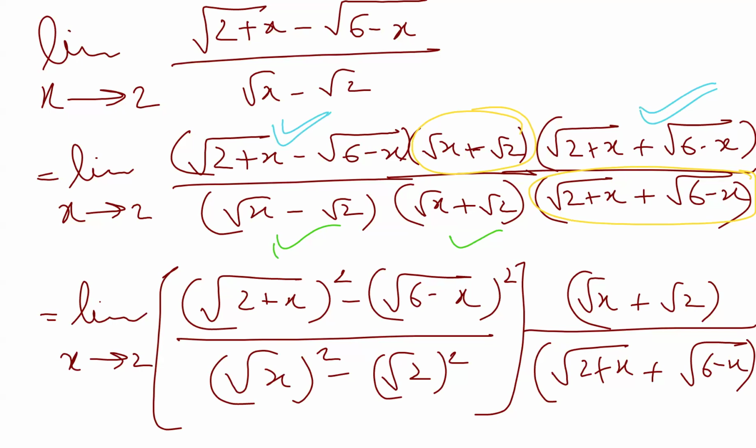The green colored terms, a minus b into a plus b is a square minus b square. And the remaining terms, the yellow colored terms, have nothing to do with the rest, so they are written separate. Now simplify the box bracket. I hope everybody is understanding this.